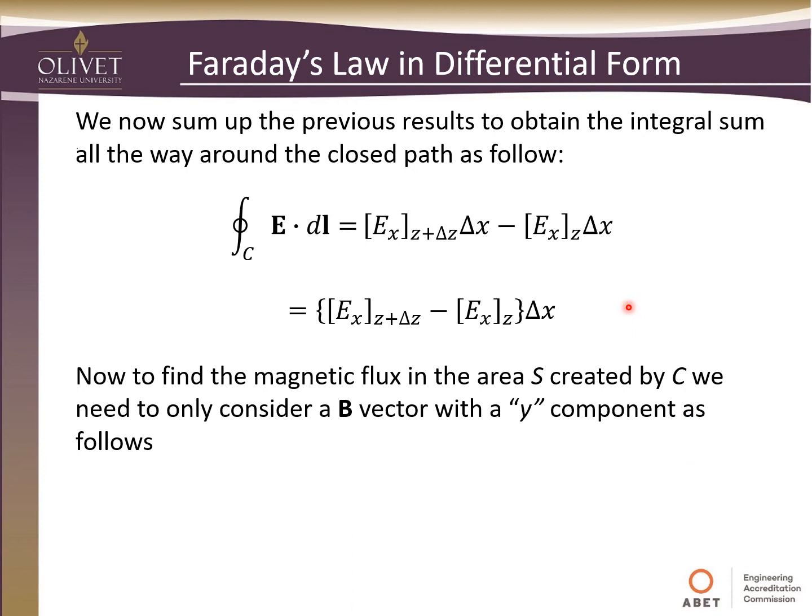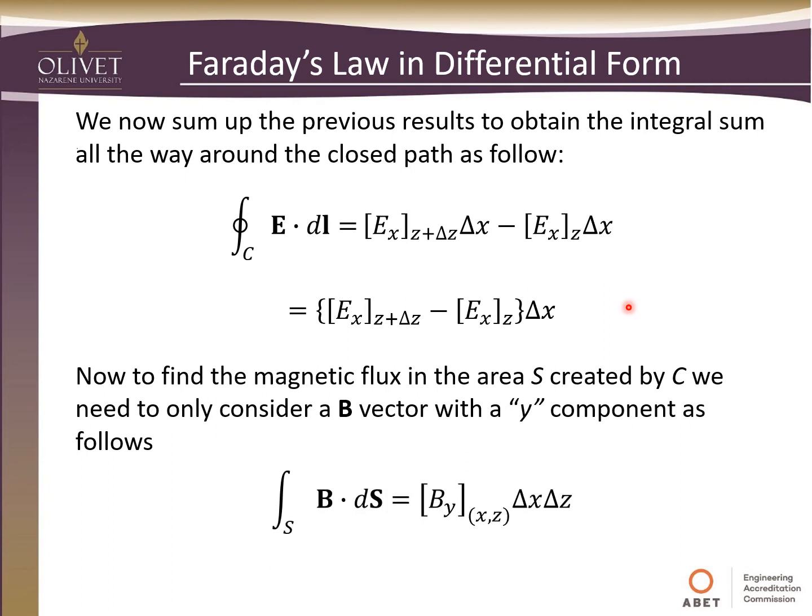Now we want to think about the right side of that equation. Remember, it's the time derivative of the magnetic field going through that surface area, which in this case is just the box, how much is going through the box. That means we only need to consider a B vector with a y component, because the y component is what's perpendicular to that box in the xz plane.